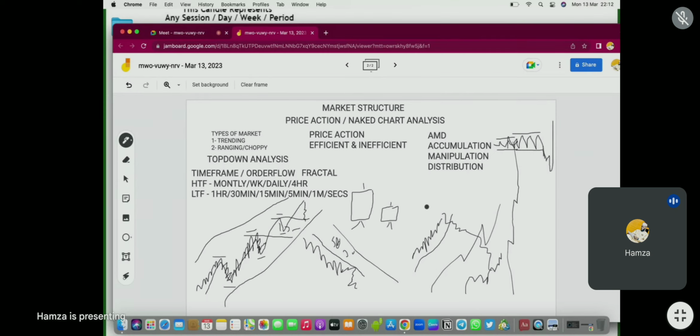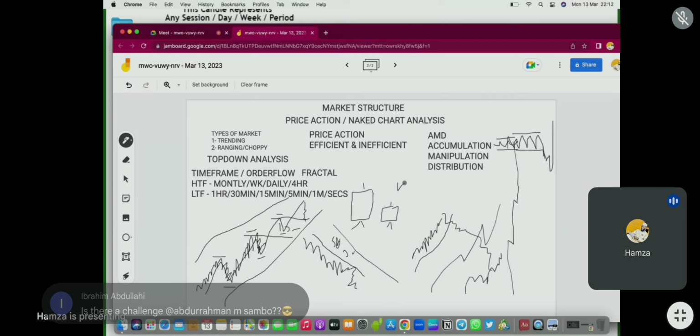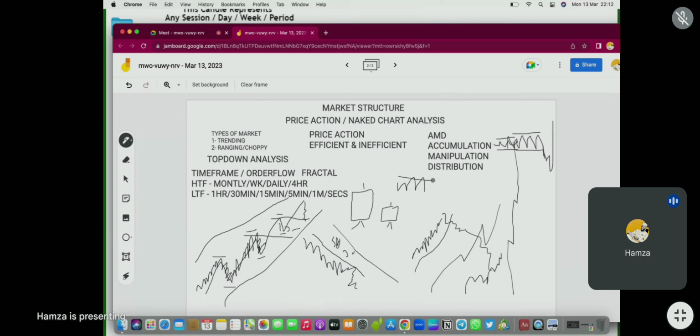So I'll repeat: accumulation, thereby making a range, and then suddenly a manipulation, breaking out of that range, giving us an impression that it wants to continue going downwards, then boom, it goes upwards. Distribution. So this is A, this is M, and this is D. We call it the power of three, the three elements of a trade setup.